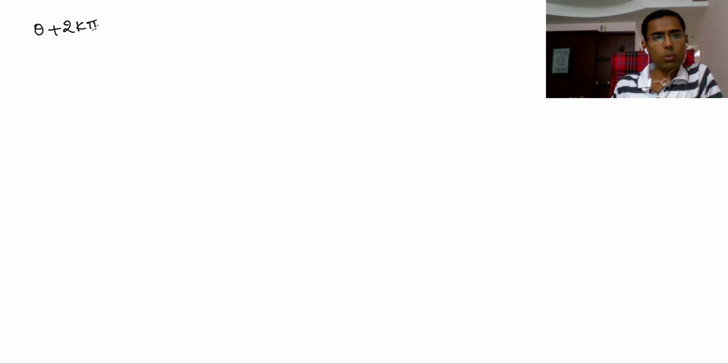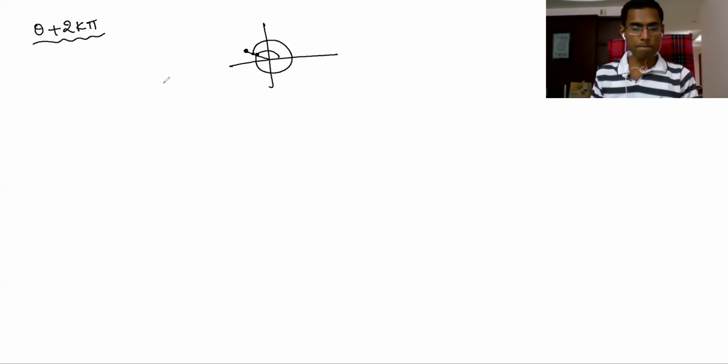That means if I add multiples of 2 pi, I come to the same place. If this is the argument, and I add 2 pi, then I'll come there only. That is the reason we add or subtract 2 pi's. So theta plus 2k pi is a general argument. Okay, that's about principal argument.